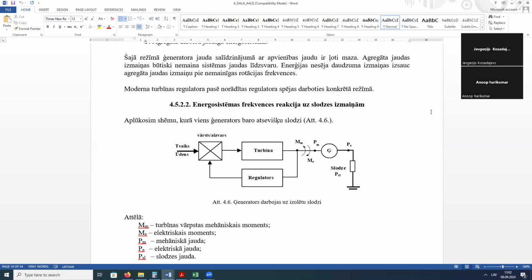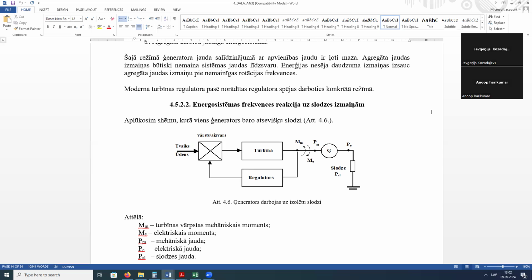So if we have a big rotating piece of metal, it means that it is not so easy to change its rotating speed quickly.